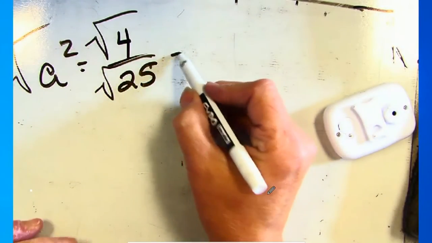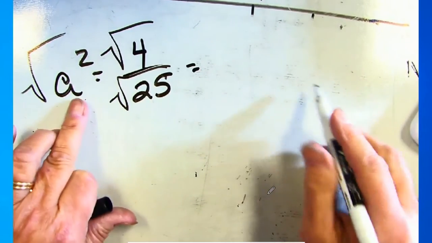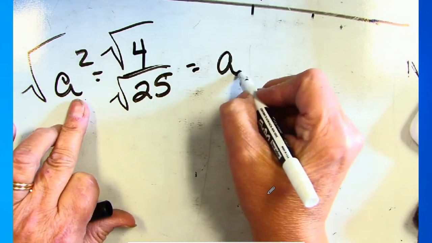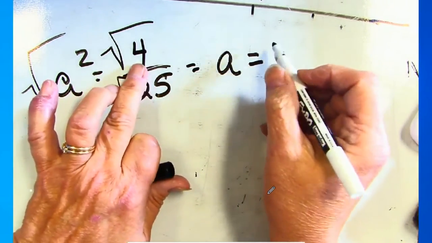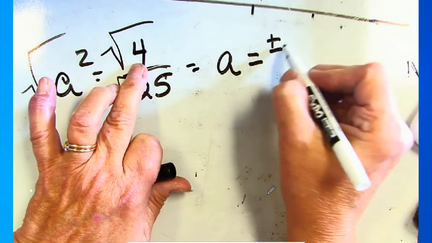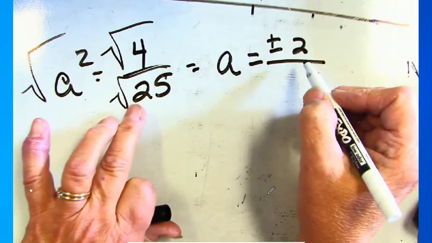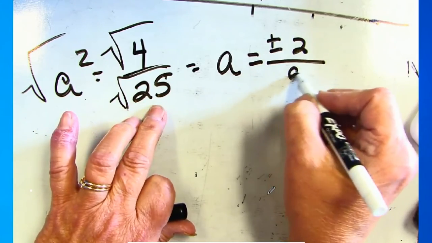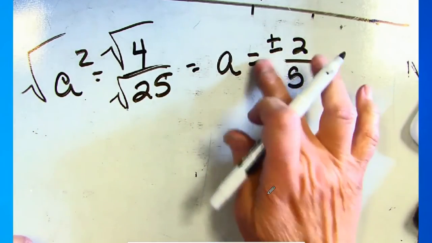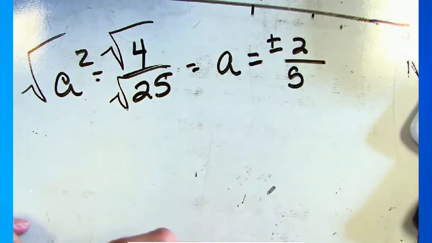The square root of a squared is a. 4 is either positive or negative 2, and 25 is either positive or negative 5. So this would be a equals positive or negative 2 over 5.